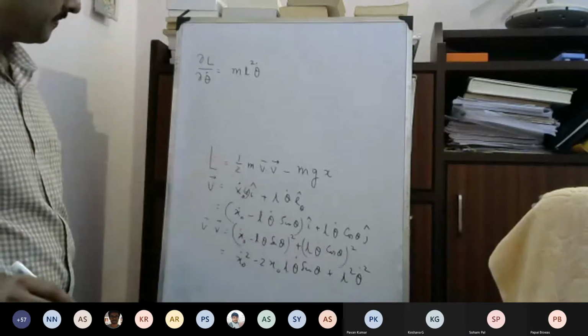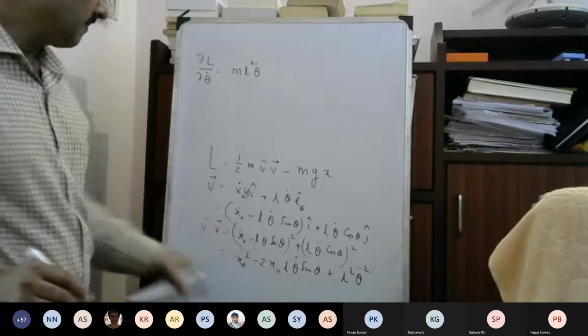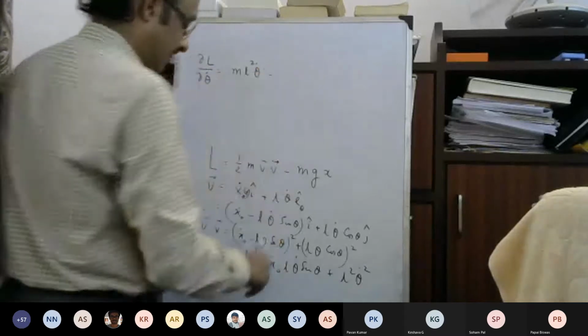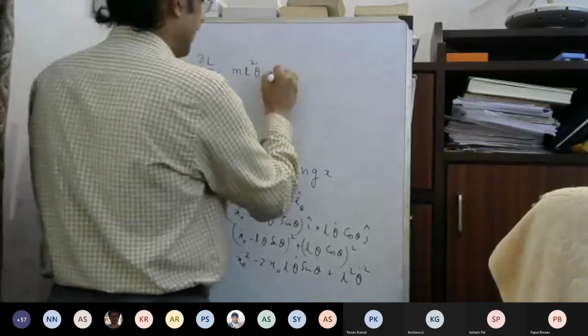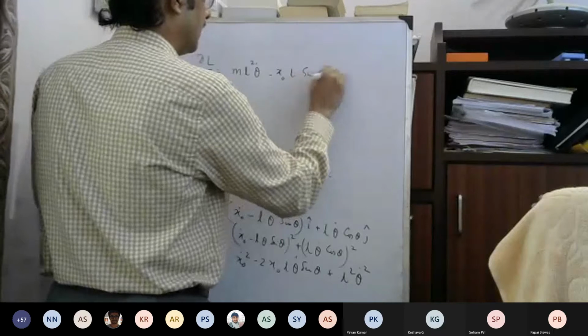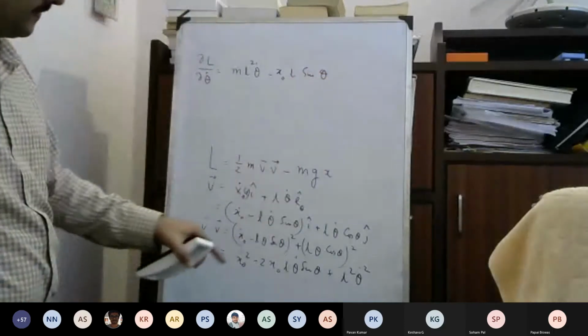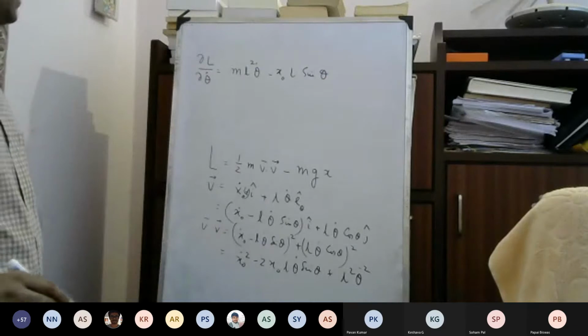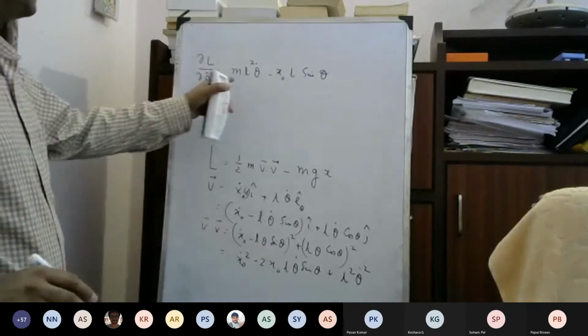Theta dot will come from here also. So this is equal to minus, this 2 will cancel with half, so x naught dot L sine theta, right? Please tell me if you have any doubt.